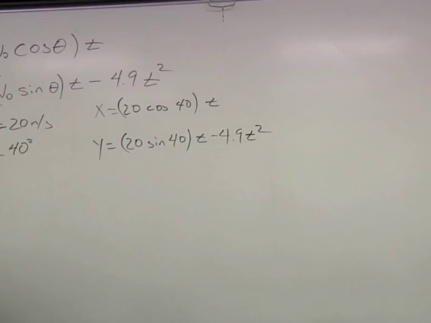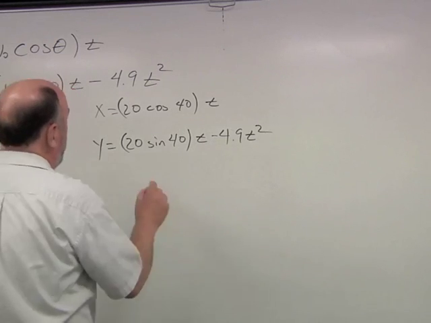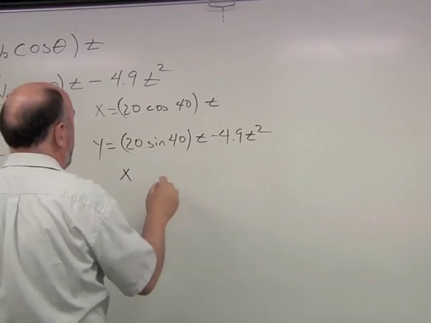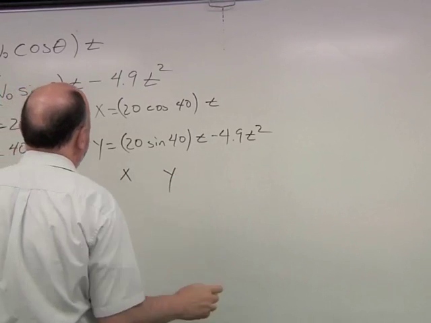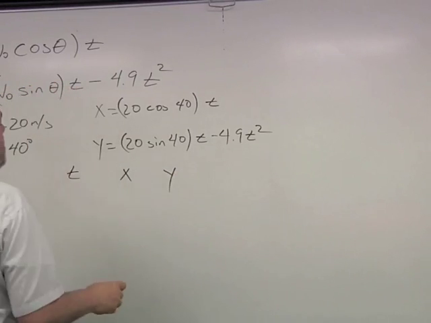Again, that back term comes from gravity, because as soon as I launch it, gravity is going to want to be pulling my projectile down. So we can build our chart and see what's going on in terms of the position of my projectile over a given time interval.